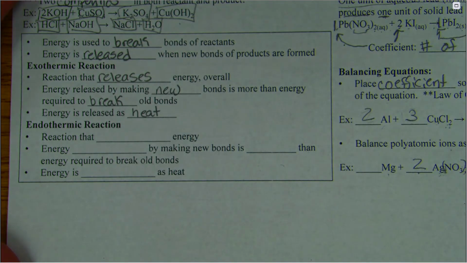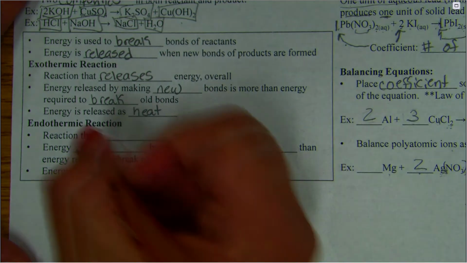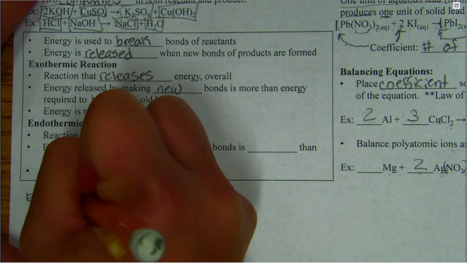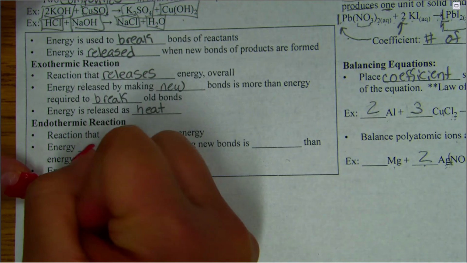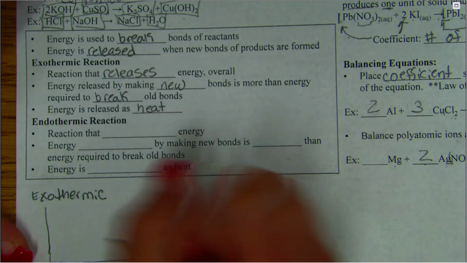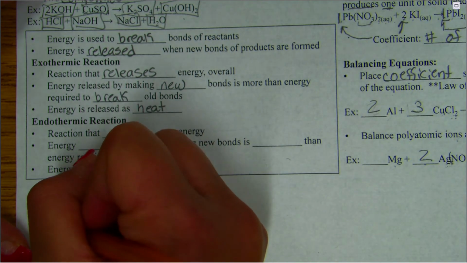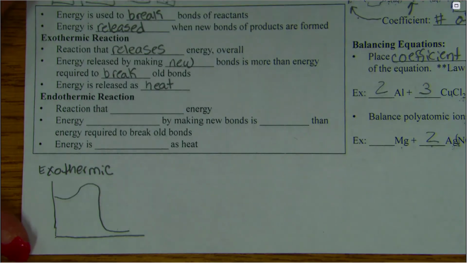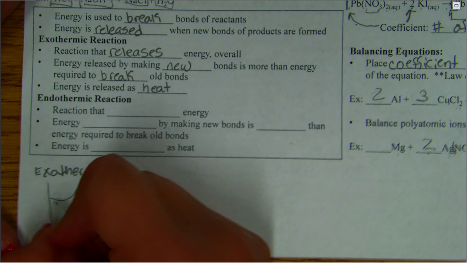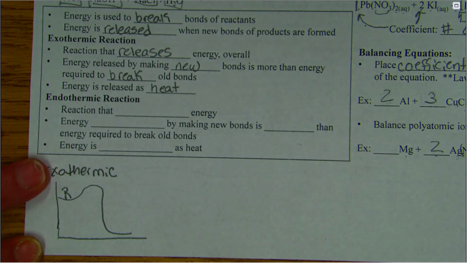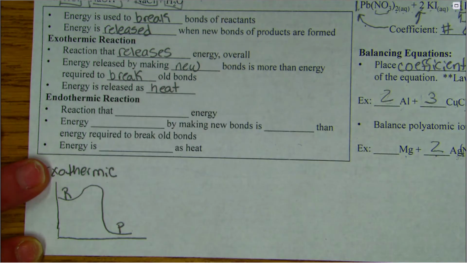And if we wanted to draw an exothermic reaction in a graph form, what we're going to see is something that looks like this, where these are the reactants. Reactants are on the left side, and these are the products.